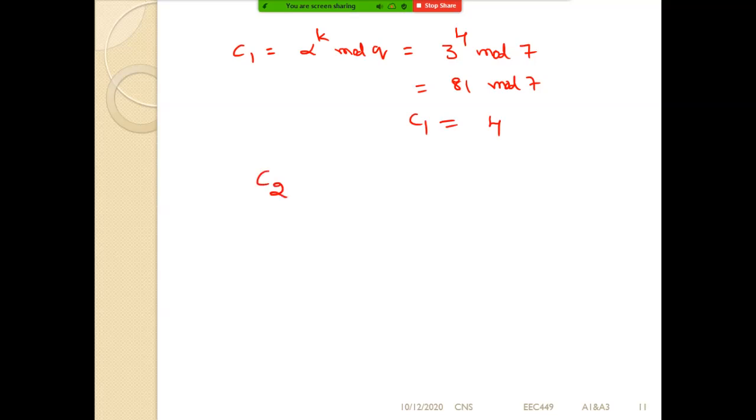Now how to generate C1, which is equal to alpha power small k mod q. Alpha is 3, small k we assumed 4. So 3 power 4 mod 7. 3 power 4 means 81, so 81 mod 7 is 4. Now what is C2? C2 is capital K times m mod q.